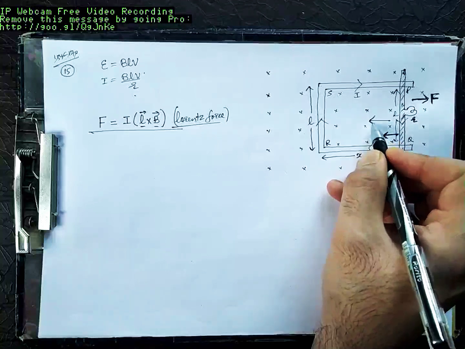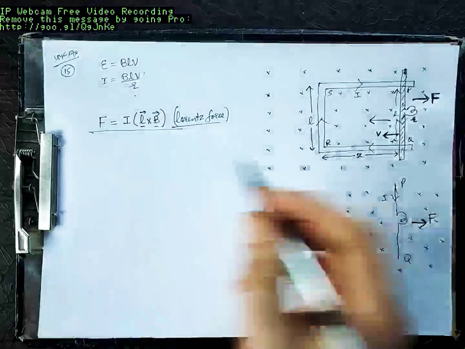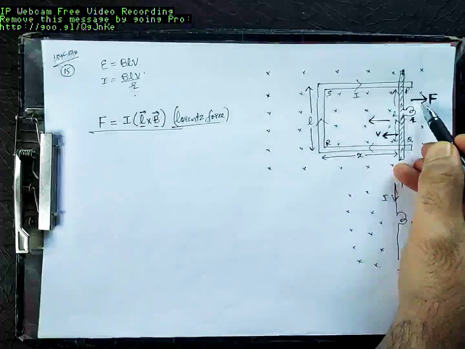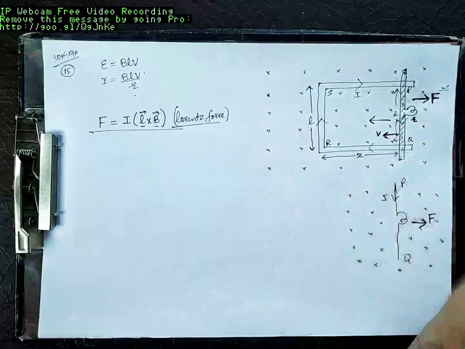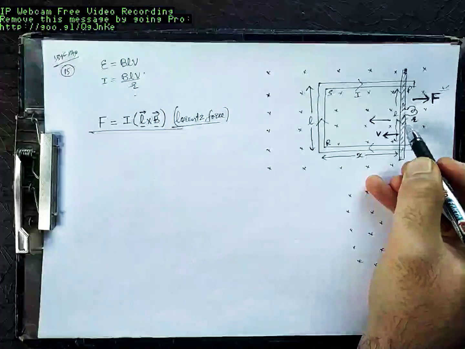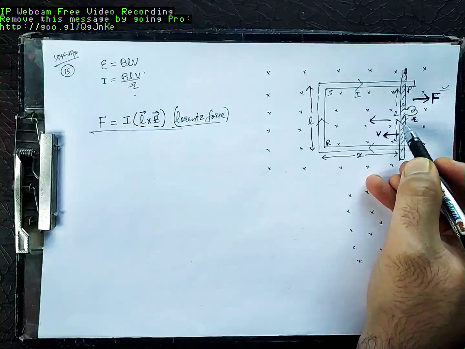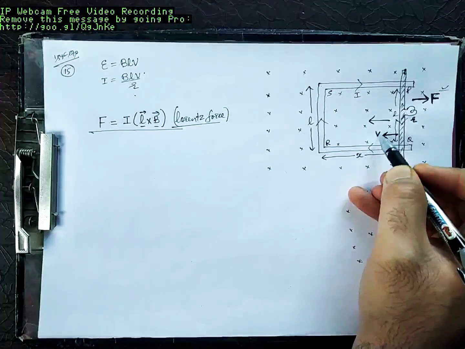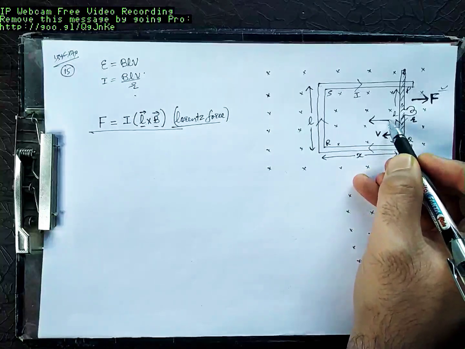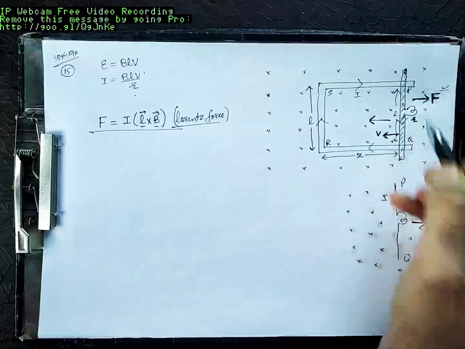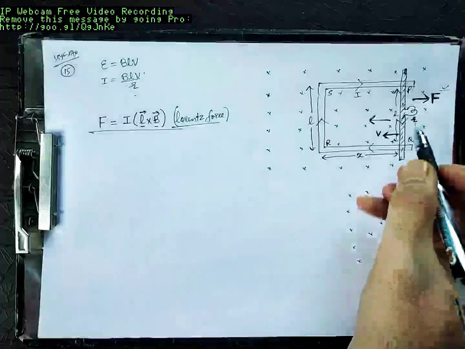Why? Because of Lorentz force, this conductor has a force in this direction, towards right. If you want to keep this conductor moving continuously towards left with constant velocity v, you will have to apply a force on this conductor PQ towards left.